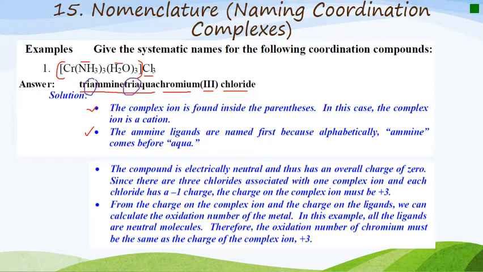There is a convention which allows you to change the tri to tris. So go back to the previous unit, and you will see that under tri, and bi actually, there was another option where you could say bis or tris. It's generally better, in my opinion, to change, instead of saying triamine, we say trisamine, trisaqua.